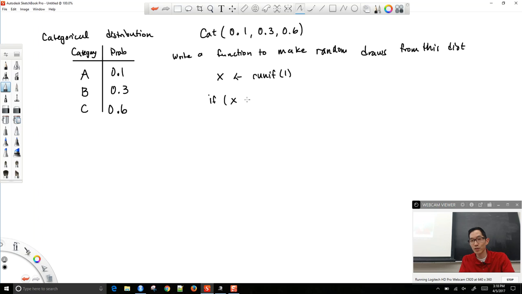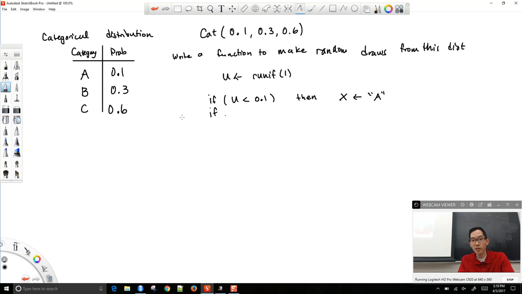I'm sorry, forgive me, u will come from RUnif. So u is RUnif 1, and we say if u is less than 0.1, then what do we say? This is all pseudocode here. Then x will be given what value? A.